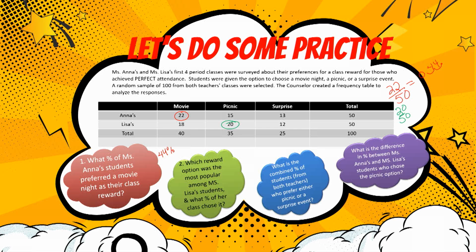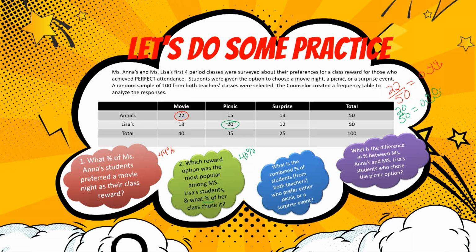Everybody put that in your calculator: 20 divided by 50, and we get 0.4. I'm going to turn this into a percent like it asked by moving it 2 places, putting my 0 as my placeholder. So here I have 40%.